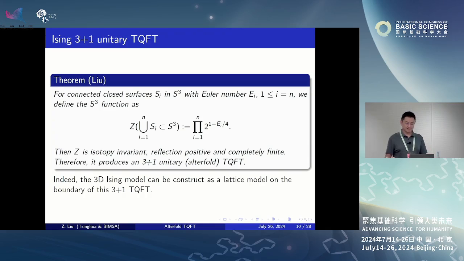For each component, for each surface S_i, it just contributes a value 2 to the power of 1 minus the Euler number over 4. And we take the product of that. Then we claim that first, it's clear this function is isotopy invariant because the Euler number is. And it's non-trivial to see this is reflection positive.